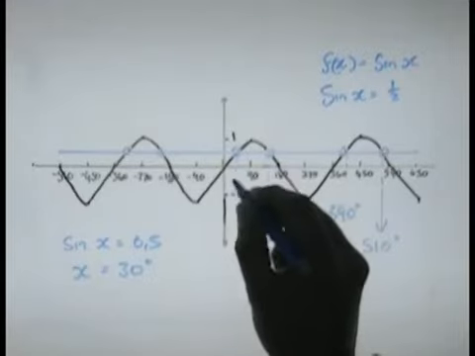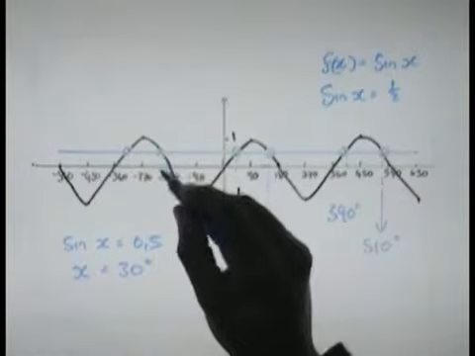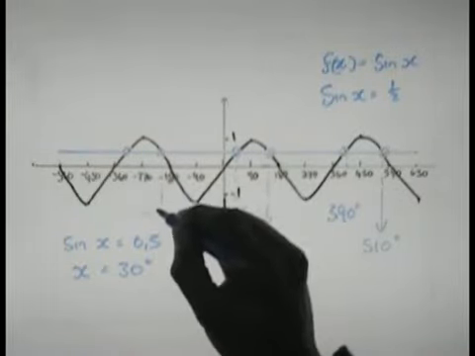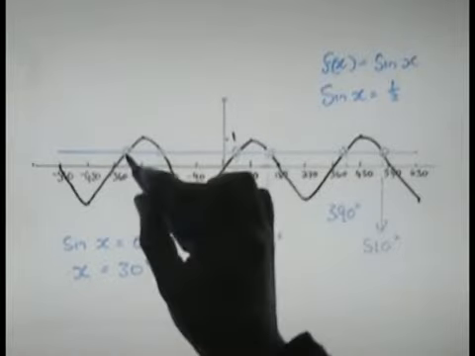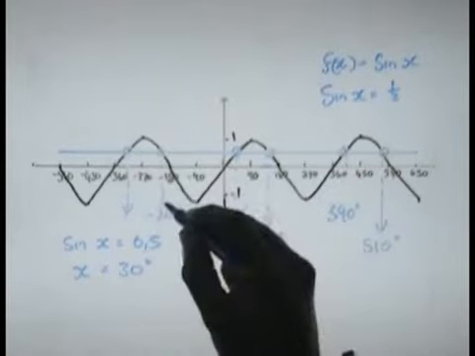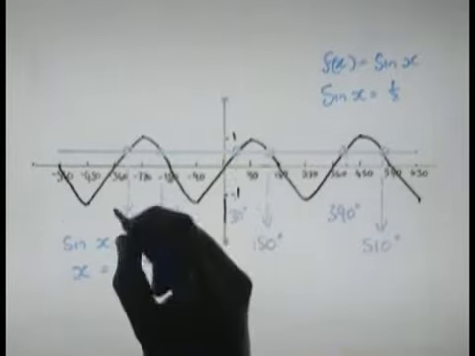This here, by the way, is 30. This point here is equal to negative 210 degrees. This point over there is equal to negative 330 degrees.